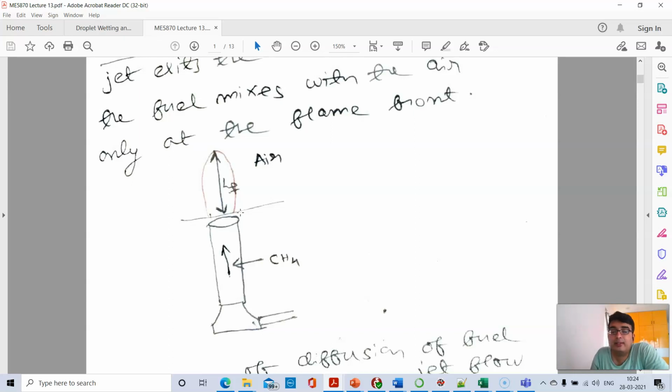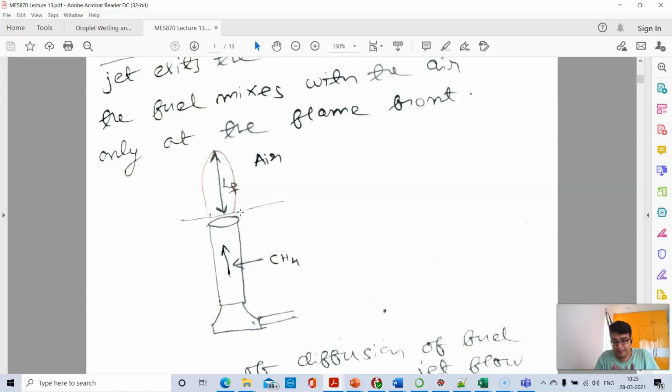In those cases, initially the fuel is in a different phase, either liquid or solid, and it then vaporizes because of the heat, originally from the ignition source or from the flame once it has been established, and these fuel vapors mix with air at the diffusion flame front and generate the flame. So in those cases as well, what you are getting is a non-premixed or diffusion flame, because originally the fuel vapors are distinct from the air which is outside.